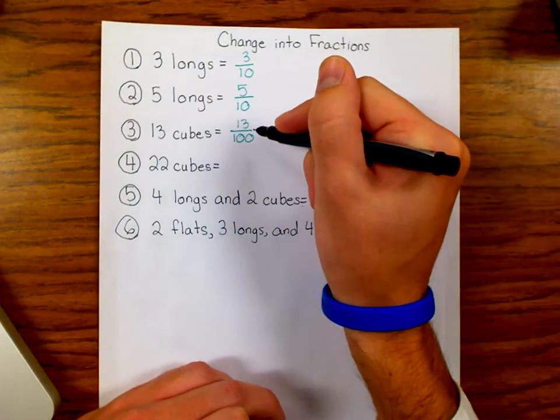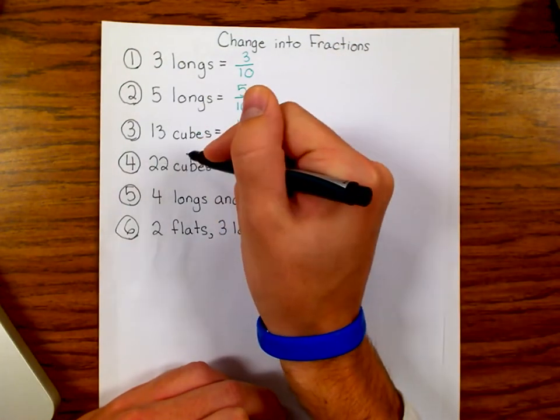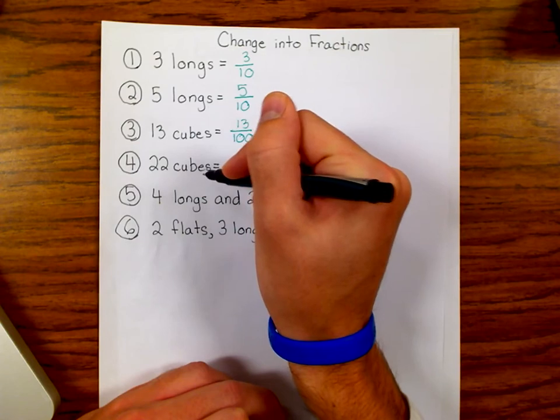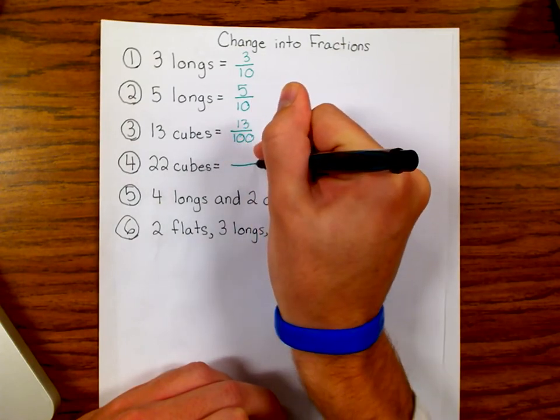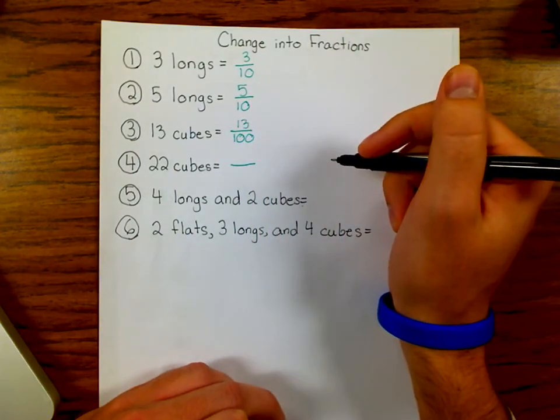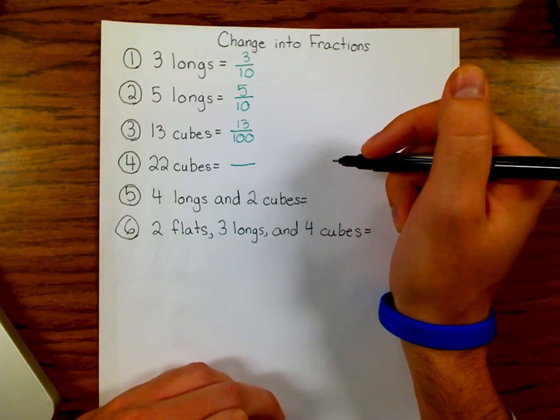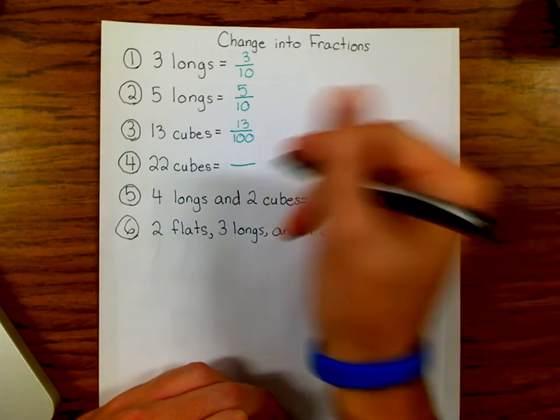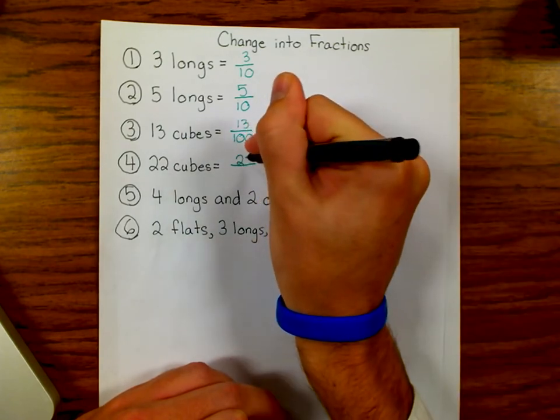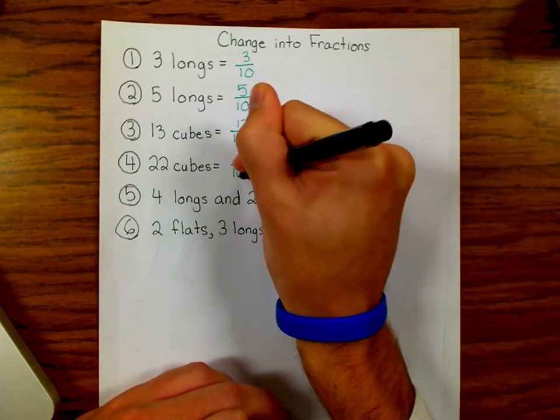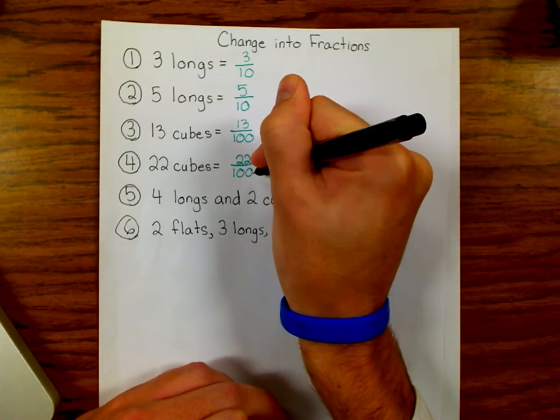So, if 13 out of 100 is equal to 13 cubes, 22 cubes would be equal to this fraction. Again, at this time, what I would like you to do is turn to your partner and tell them what you would think. Thank you. You should have gotten 22 out of 100, or 22 hundredths.